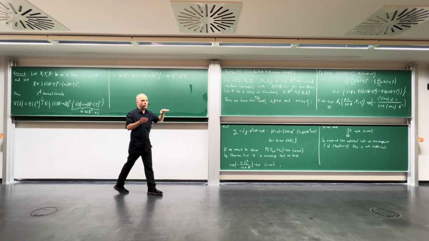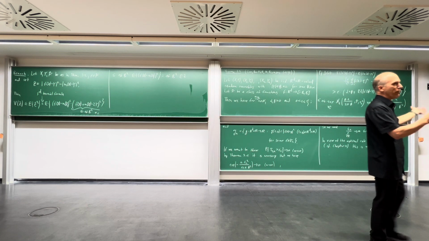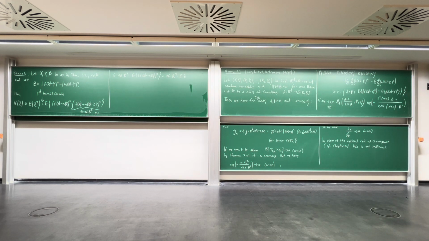So you could also try to use this: first I apply Theorem 3.1 to get a first error bound. Then I have a bound on the variance. And then I apply a modified version of Theorem 3.1 where I bound the variance of the function to get a better bound, and a better bound, and a better bound. But that's not what we will do.